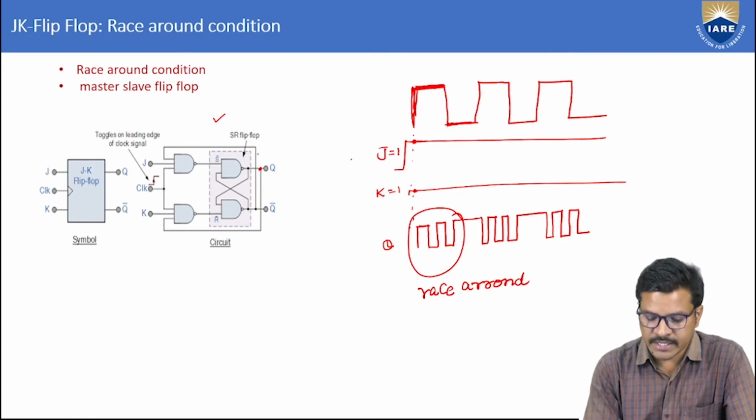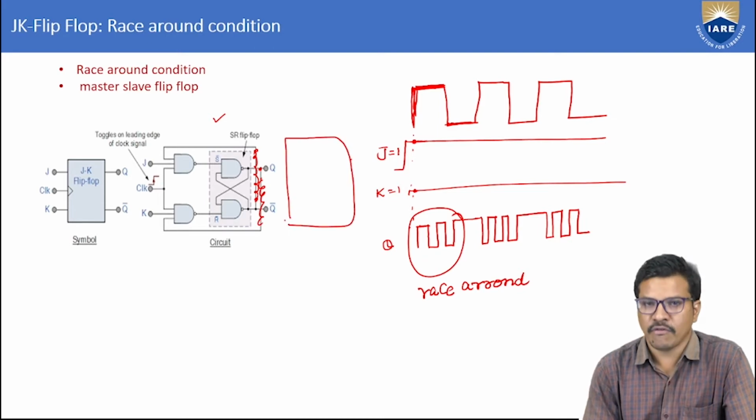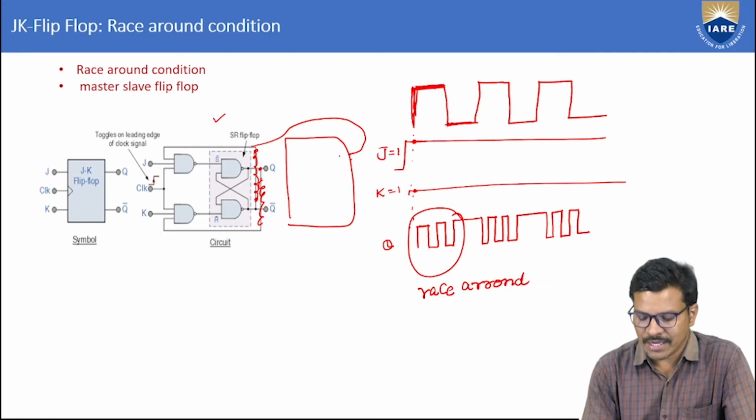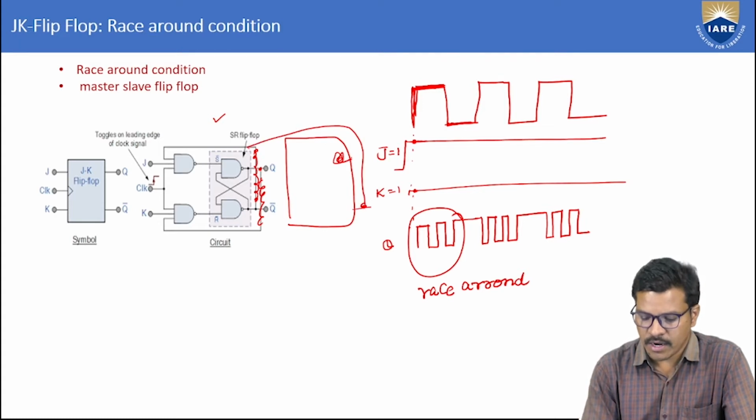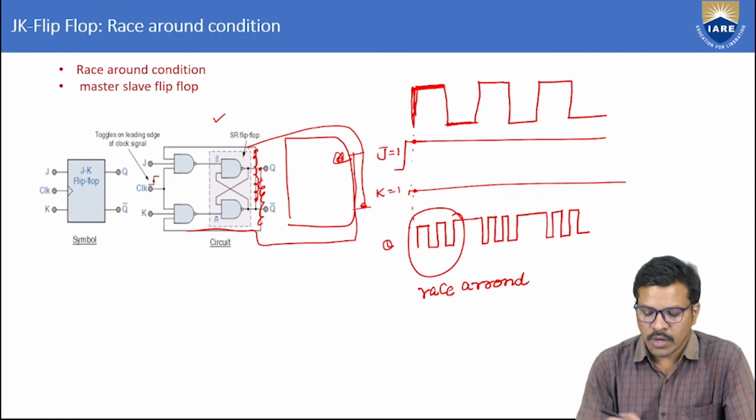So we eliminate this connection and provide another JK flip-flop. The feedback is extended from the last Q bar to J, and this Q is extended to K. Let us see how we can provide these two different gated JK flip-flops to control and avoid the race-around condition in the master-slave flip-flop.